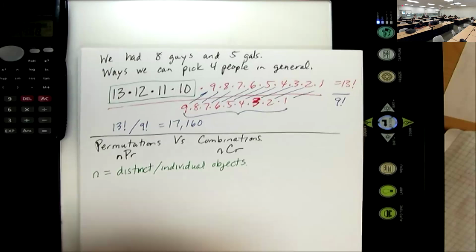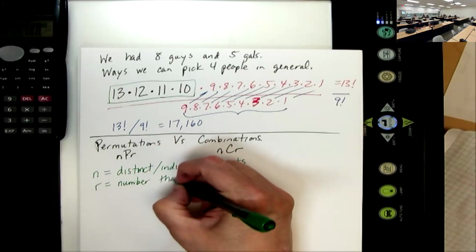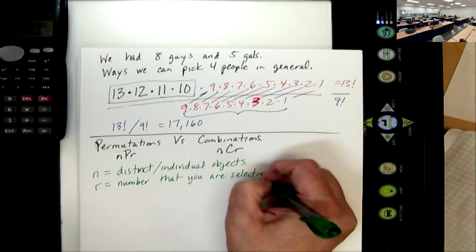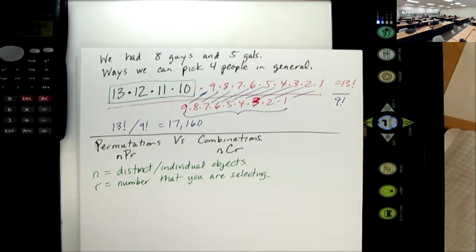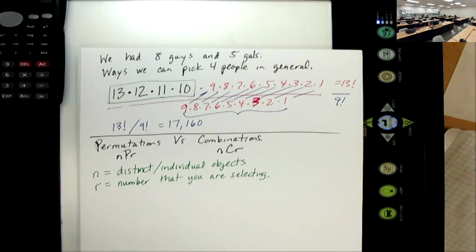And R is the number that you're selecting. So we need to describe what the difference is here.